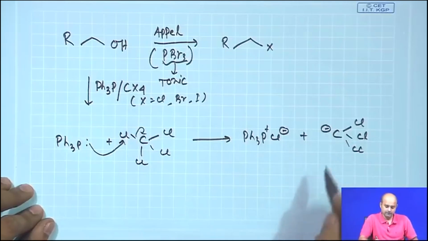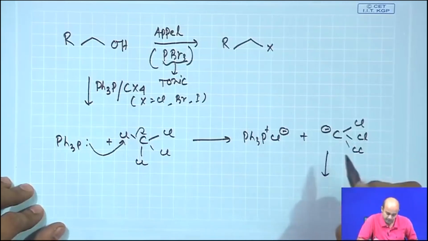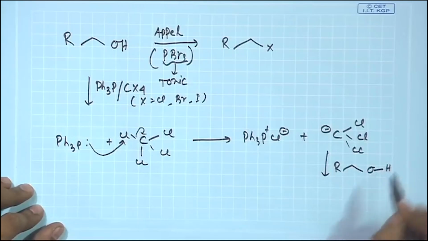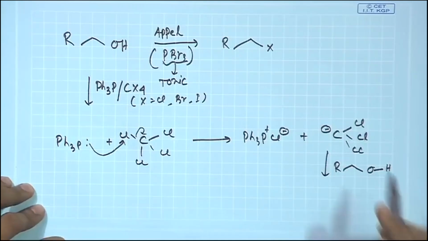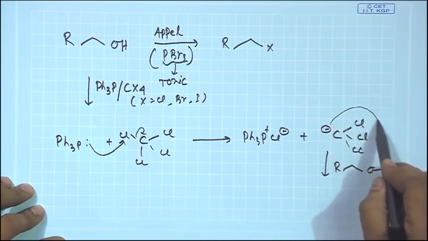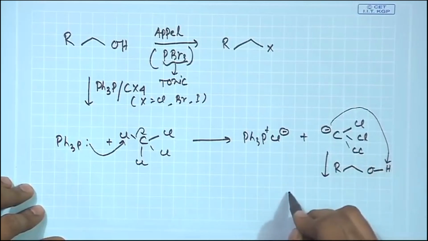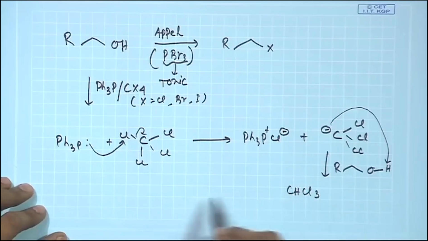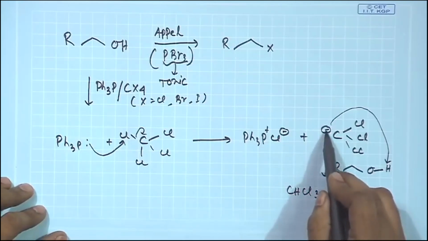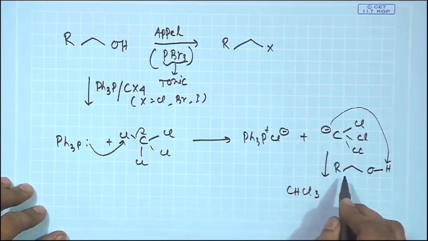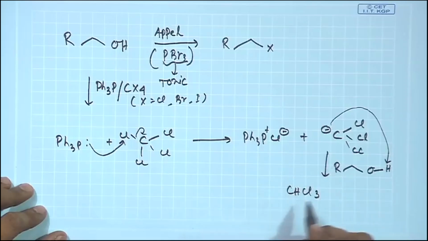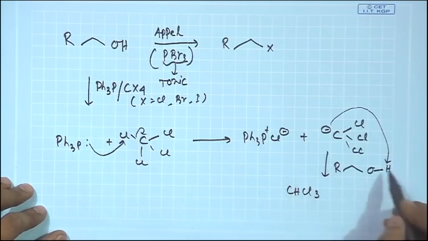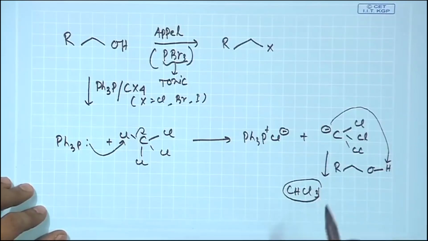Now, this CCl3 minus then tries to abstract the acidic hydrogen from this alcohol to become chloroform. In the whole process this CCl3 minus becomes CHCl3, chloroform.